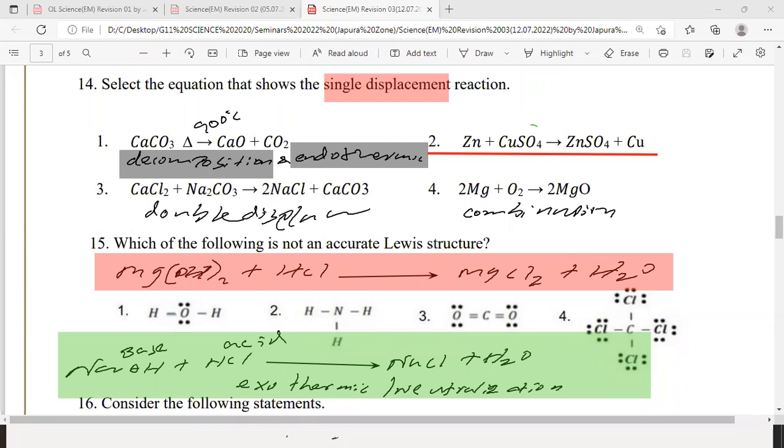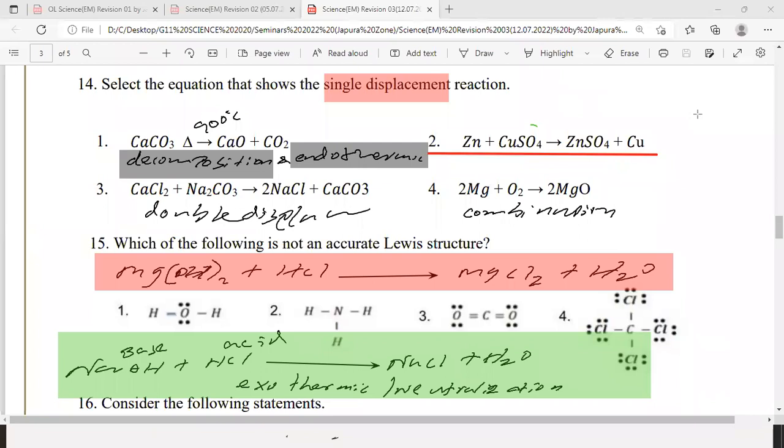If you are burning something in the kitchen, maybe LP gas or firewood or kerosene, combustion of any fuel is also an exothermic reaction, because exo means out. Thermal means heat. Exothermic means heat is given out or liberated to the surroundings.